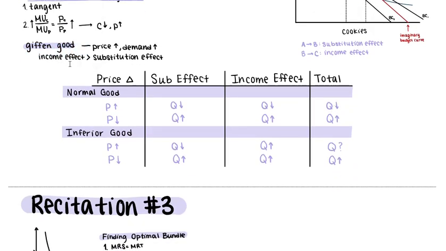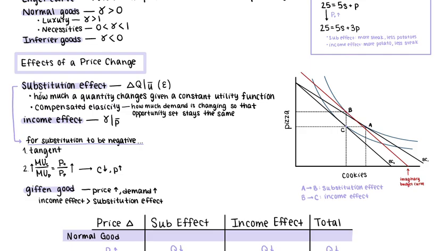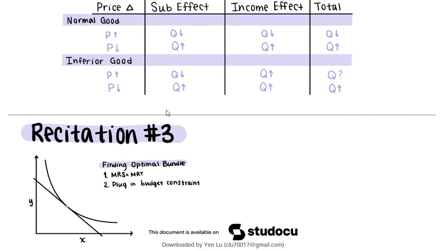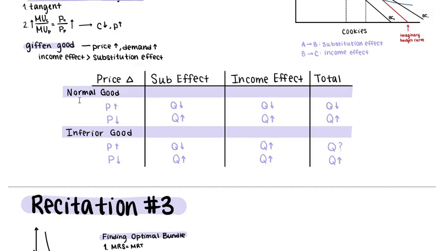Now another very special good is the Giffen good, where the price increases and the demand also increases because it's so inferior. The income effect is greater than the substitution effect. It's very rare. Okay, let's look at this chart, a simple review of the effects for a good.